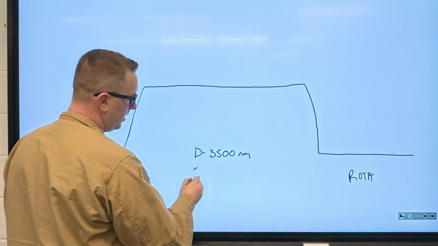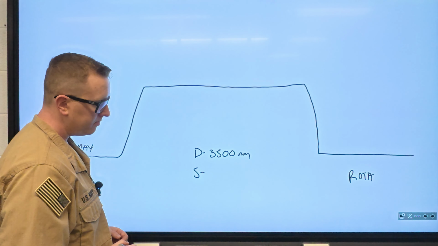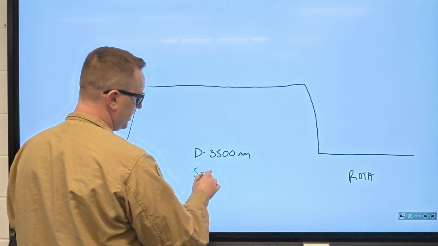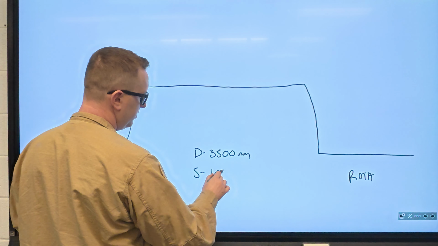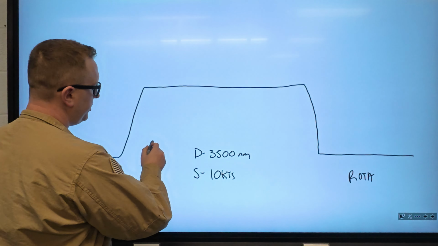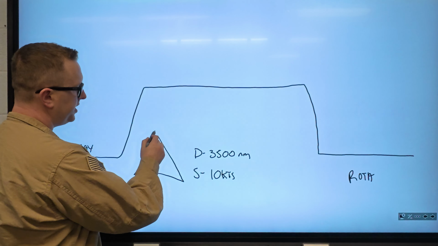You need a planned PIM speed. Most ships go between 10 and 12 because they're not in a rush to get there, so we'll just do 10 knots.